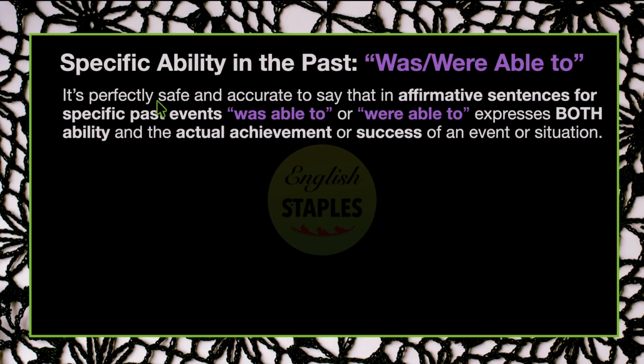It's perfectly safe and accurate to say that in affirmative sentences for specific past events, was able to or were able to expresses both ability and the actual achievement or success of an event or situation. That's why be able to works perfectly for the affirmative because it expresses both ability and the actual achievement or success of an event or situation.